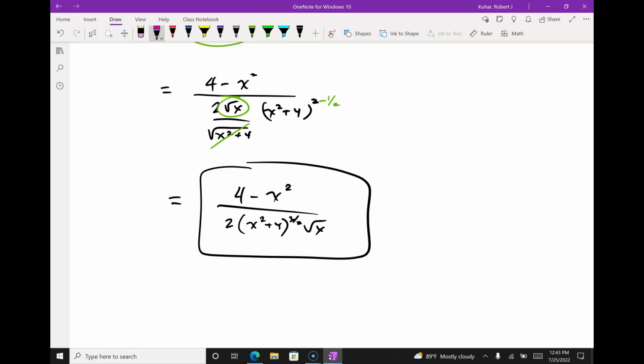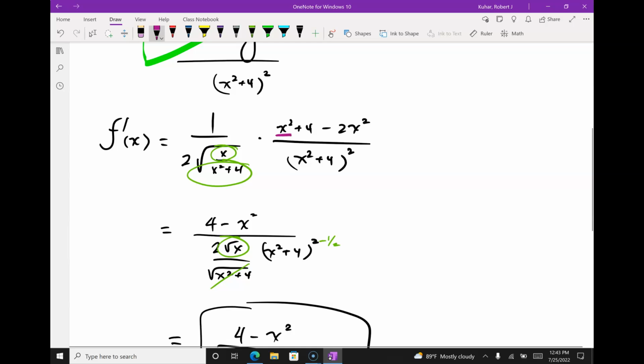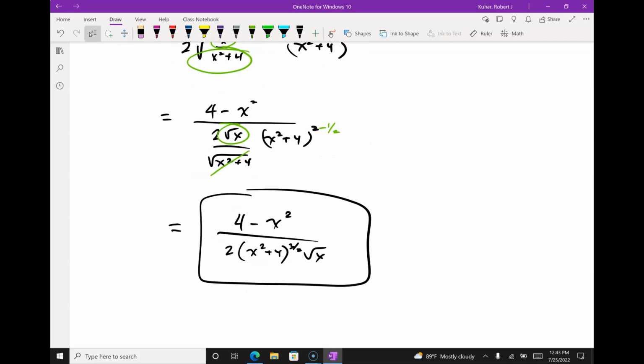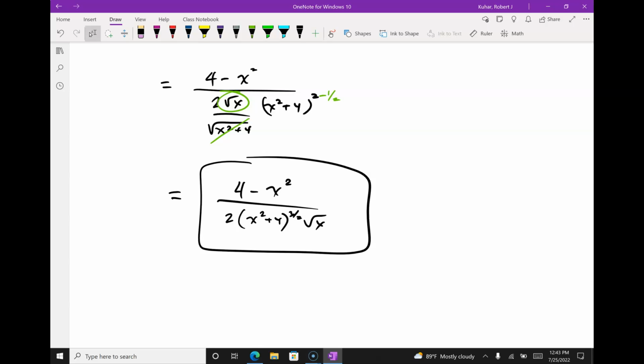Say again? I have an x squared minus 2x squared, right? So the 4 is still positive. Yep.